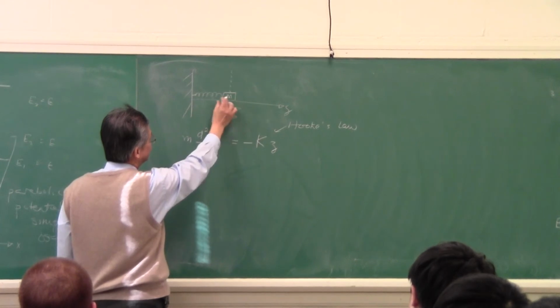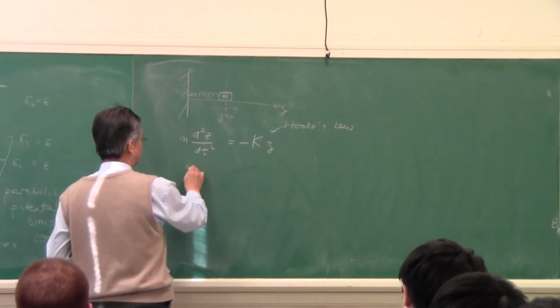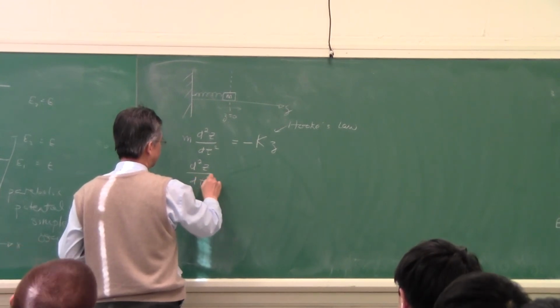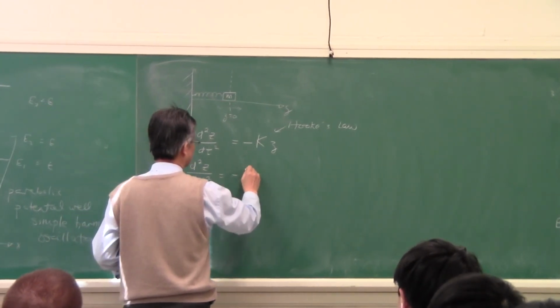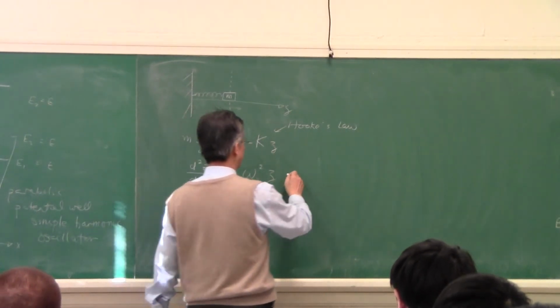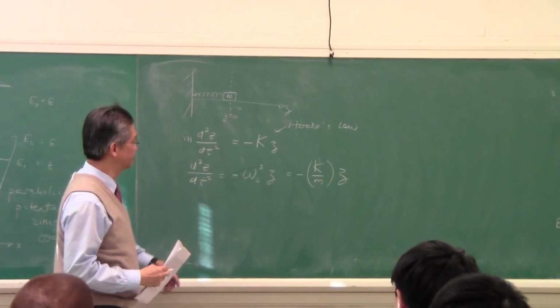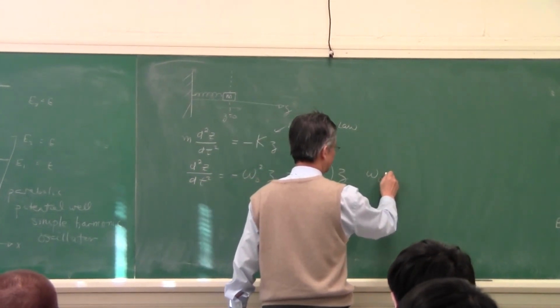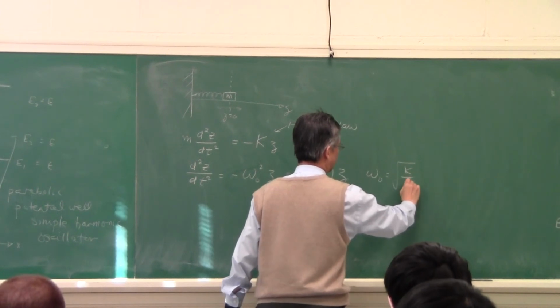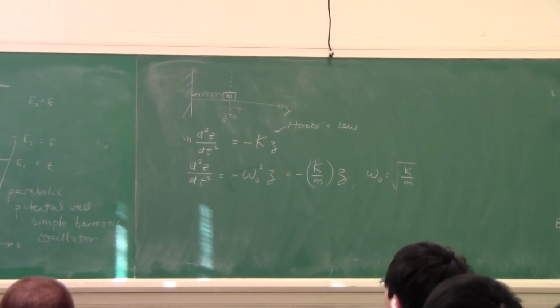And then the acceleration of the particle is proportional to the second derivative of its position. And we can also write this equation as being equal to minus omega naught square Z, where omega naught square is just K over M. I can bring this M to the other side and call my omega naught the square root of K over M. I think Ian derived something very similar to this for a set of coupled oscillators on a string.